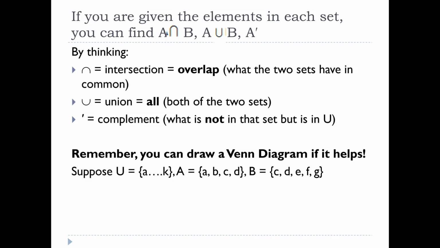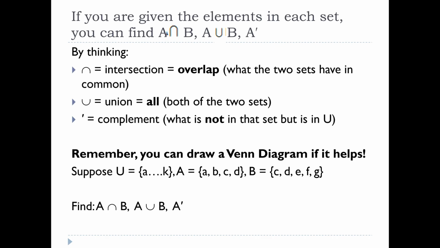So if you want to have a little bit of practice here, you might try finding A intersect B, A union B, and A complement by drawing the Venn diagram and then seeing where do they overlap, that's the intersection, and where's all of them, that's the union.